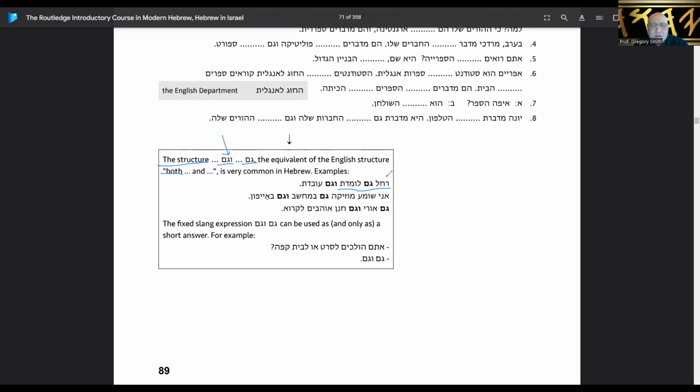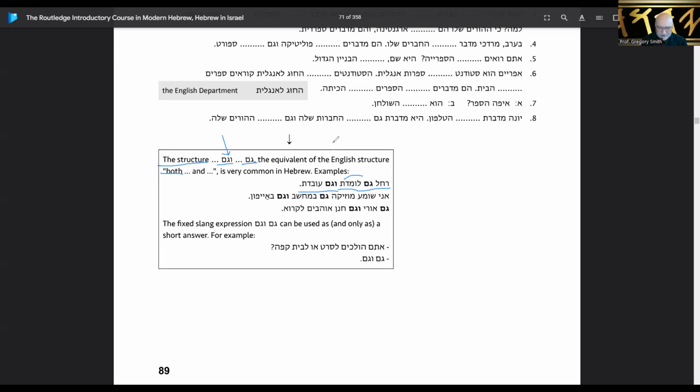Okay, so Rachel gam ivrit. Rachel gam lomedet. This is to study. Both and. It's very common in Hebrew.